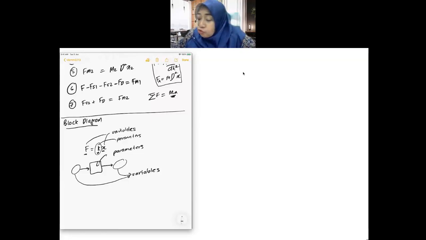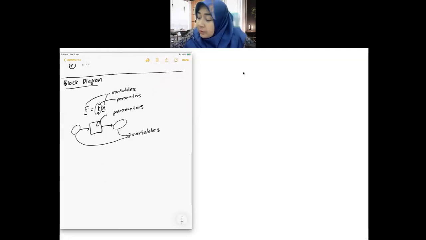All right, so when you draw your block diagram for this problem, force is equal to Kx, you need to decide which one is the input and which one is the output.